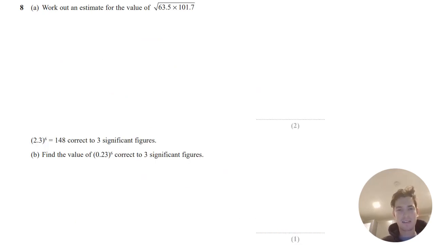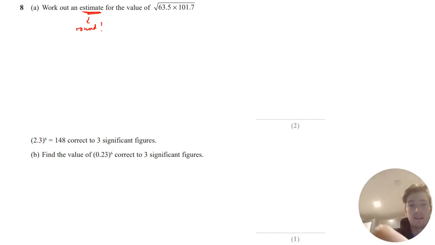Okay, work out an estimate for the value of the square root of 63.5 times 101.7. An estimate always means I need to round. Because I've got a square root sign, I'm looking for numbers which are square numbers. So is there a square number close to 63.5?